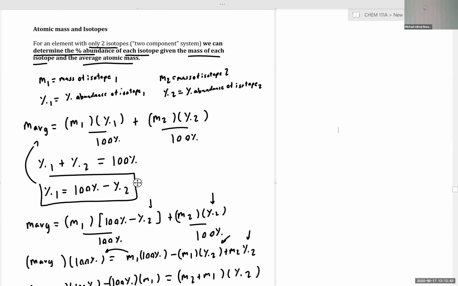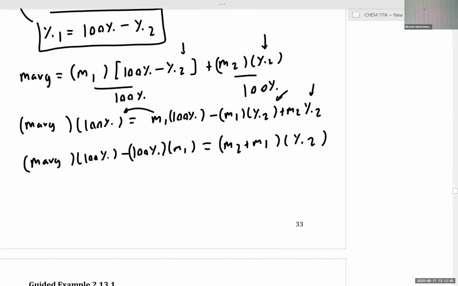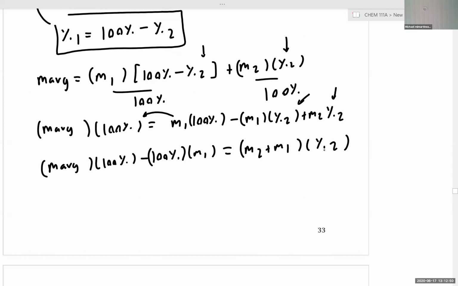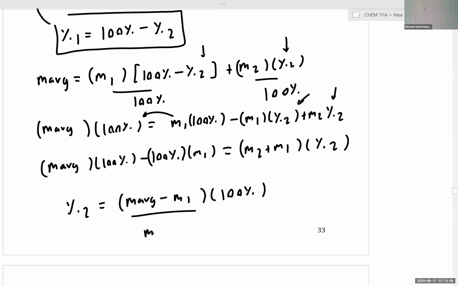All we have to do now in our system of equations is solve for the percentage of isotope 2 by moving this mass term to the left. That gives us the average atomic mass minus the mass of isotope 1, times 100%, over the mass of isotope 2 minus the mass of isotope 1.